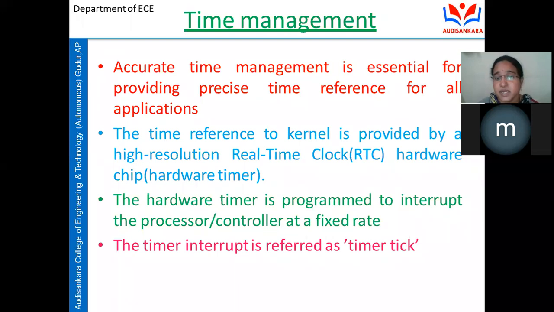This hardware timer is programmed to interrupt the processor control at a fixed rate. And this timer interrupt is referred to as the timer tick. So you can see in the programs, whenever you observe the timer tick, that is the interrupt from the timer circuit. It is one of the essential services handled by the RTK, the real-time kernel.